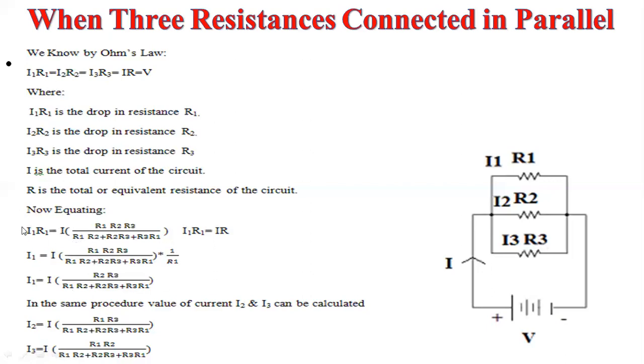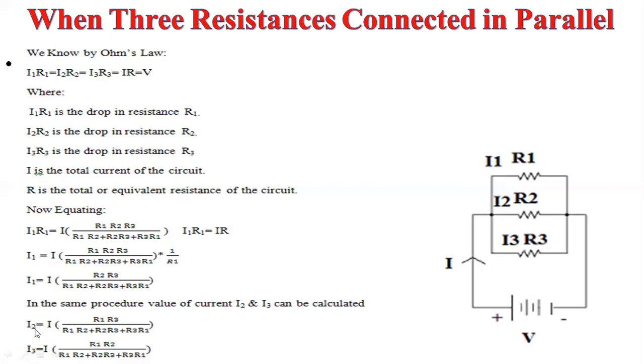So current I1 is equal to I into R1 R2 R3 divided by R1 R2 plus R2 R3 plus R3 R1, into 1 upon R1. When we cancel R1 to R1, we get I1 is equal to I into R2 R3 divided by R1 R2 plus R2 R3 plus R3 R1.